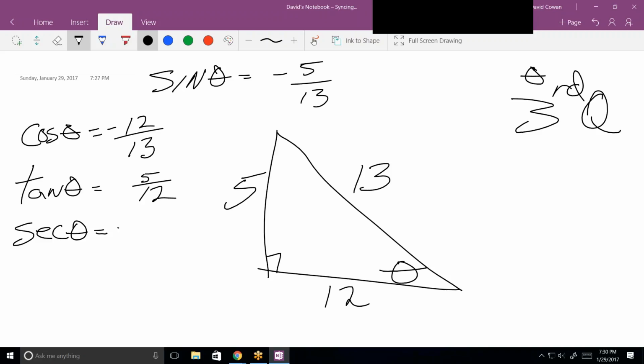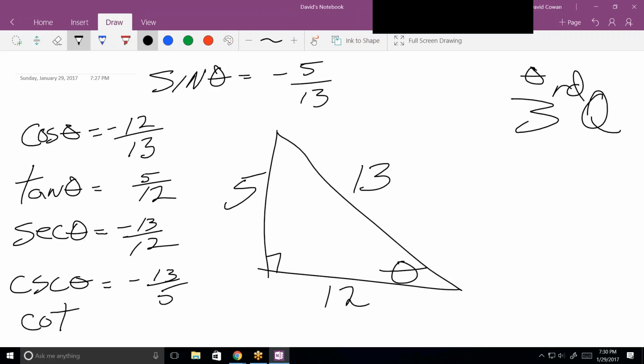Negative 13 over 12. And cosecant of theta. Negative 13 over 5. Yeah. Obviously, I didn't do cotangent. What's cotangent of theta? 12 over 5. Okay. All right.